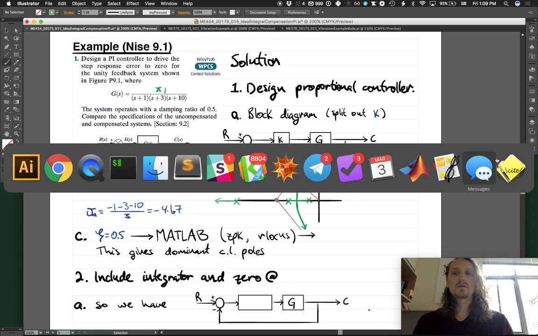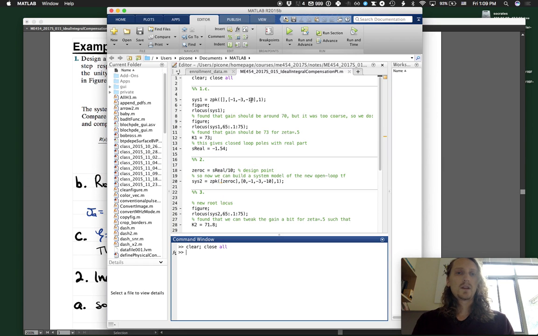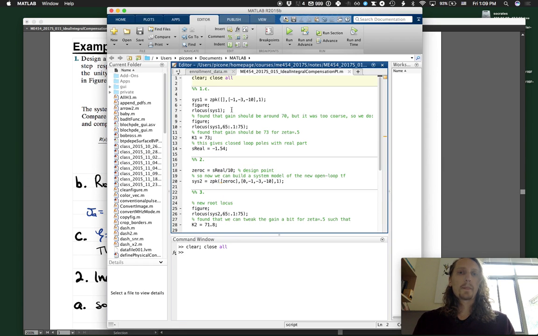So let's open MATLAB. You can find this script on the web, so I'll just evaluate cell by cell. So the first part here, we have defined a system using the ZPK function.